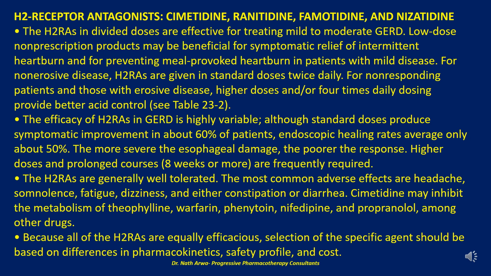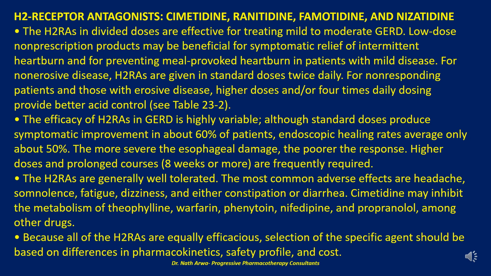1. The H2 receptor antagonists in divided doses are effective for treating mild to moderate gastroesophageal reflux disease. Low-dose non-prescription products may be beneficial for symptomatic relief of intermittent heartburn and for preventing meal-provoked heartburn in patients with mild disease.